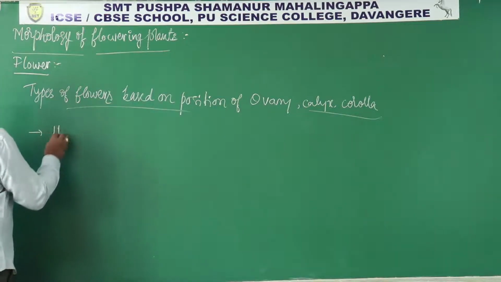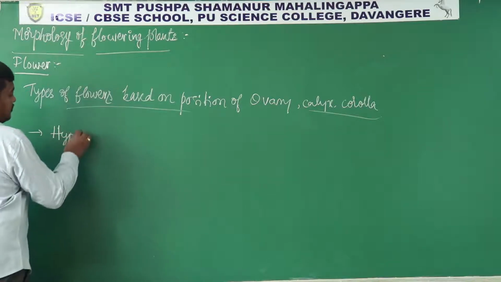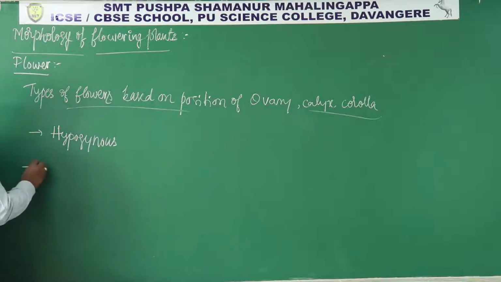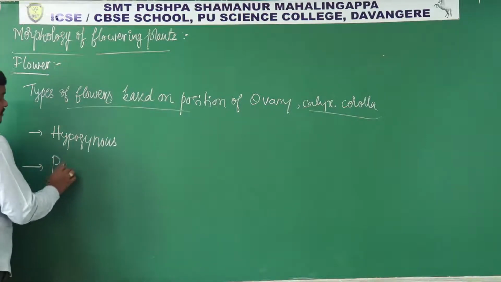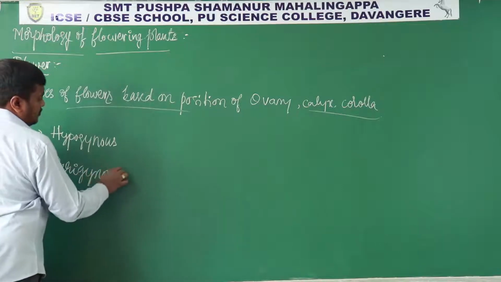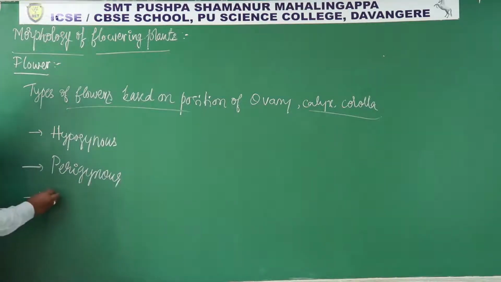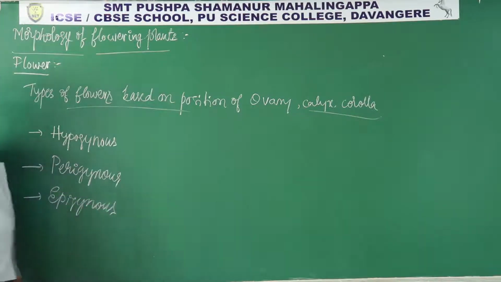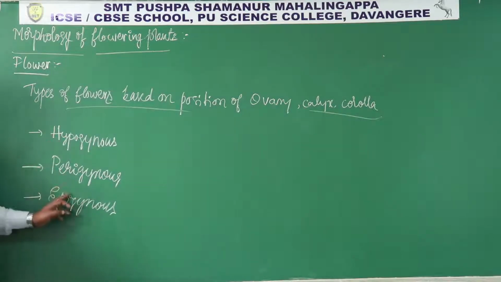One is hypogynous, the second one is perigynous, and epigynous. So these are the three different types of flowers based on the position of ovary, calyx and corolla.